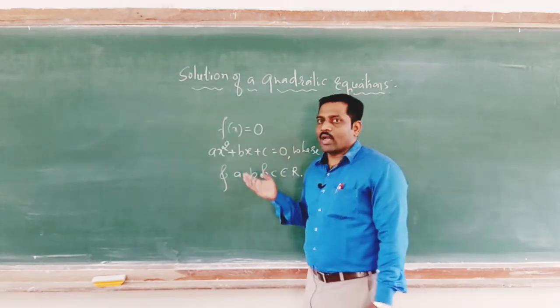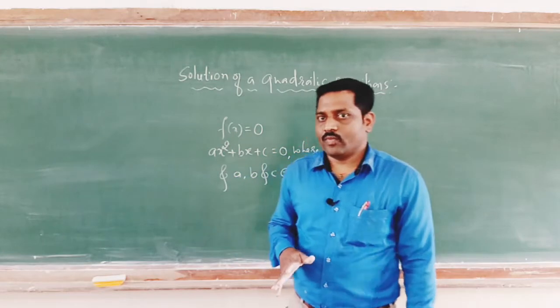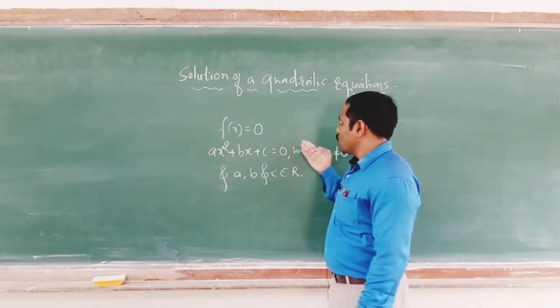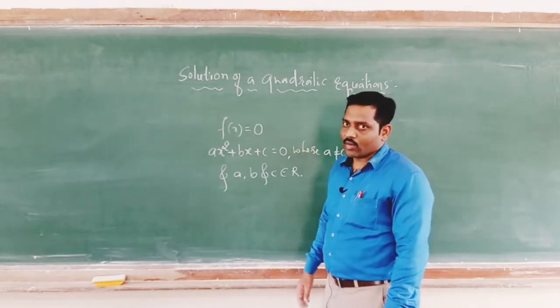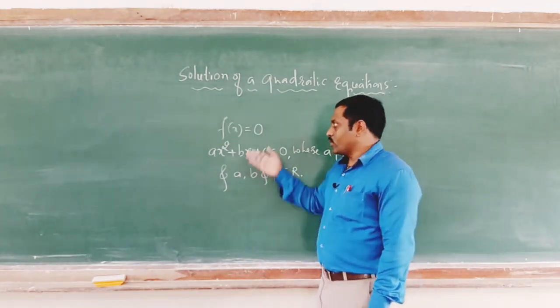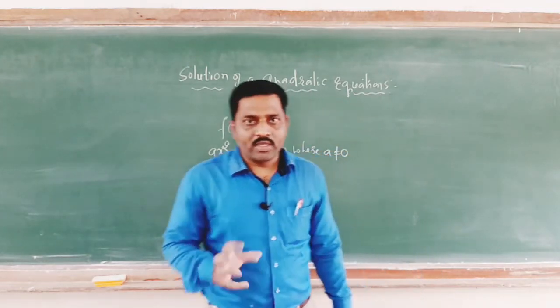That equation we call a quadratic equation. So such type of equation, how to find the solution? In this video we are going to discuss the solution of a quadratic equation.